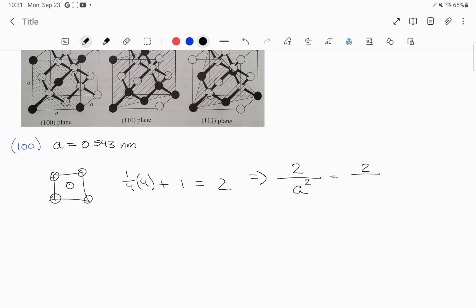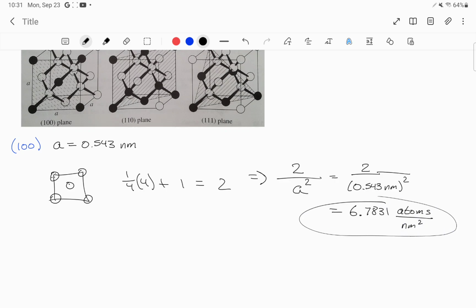So we would have 2 over 0.543 nanometers squared, and that should give you 6.7831 atoms per square nanometer. That's for the first plane.